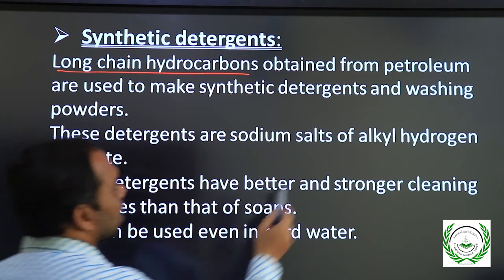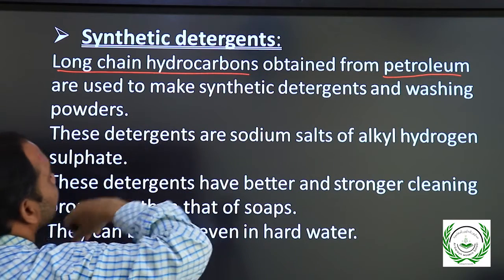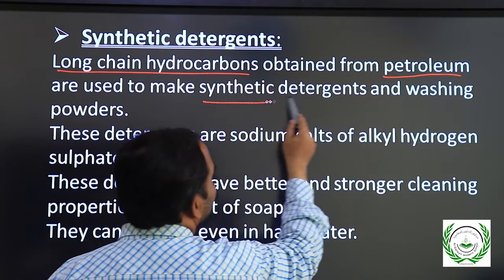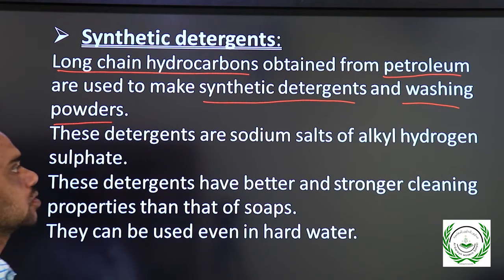These long chain hydrocarbons are obtained from petroleum products, which are used to make synthetic detergents and washing powders. So washing powders and detergents are also made from hydrocarbons. So we call them synthetic detergents, products of petroleum.